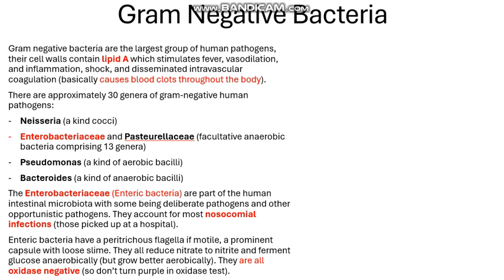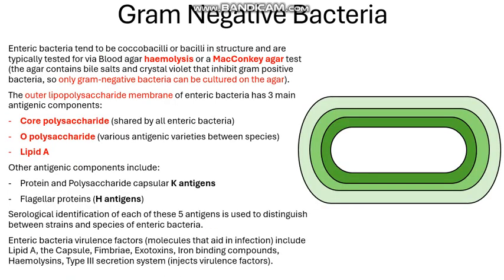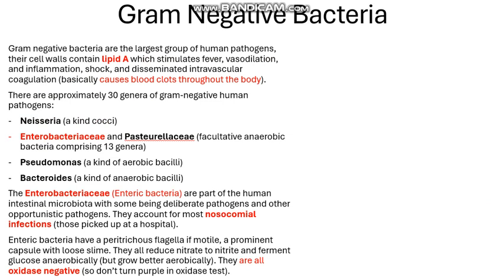The Pseudomonas, which is a kind of aerobic bacilli, and the Bacteroides, which is a kind of anaerobic bacilli. Bacilli just means it has a rod shape rather than the round spherical shape of the cocci.